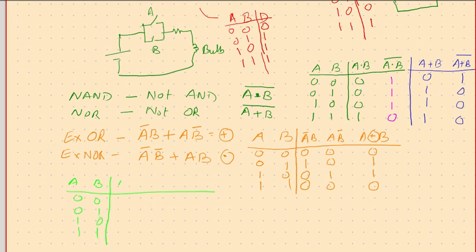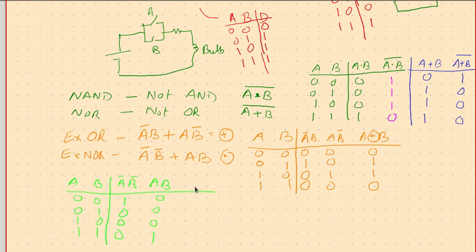What is required? A bar B bar, A B is required. A should be 0, B should be 0, only then A bar B bar will be 1. That is, in this case it is 1, other cases it is 0. A should be 1 and B should be 1, only then output will be 1. Only in this condition it is 1, for other conditions it is 0.